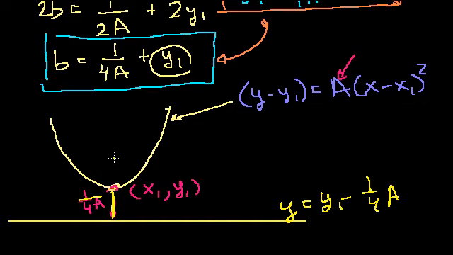And then the focal point, the x value of the focal point is going to be x1, the same as the x value of the vertex. And then the y value is this b, and we just go 1 over 4a above it, which makes sense because we need to be equidistant from the directrix and the focus. So this is y1 plus 1 over 4a. But the intuitive part is we just went 1 over 4a above it.